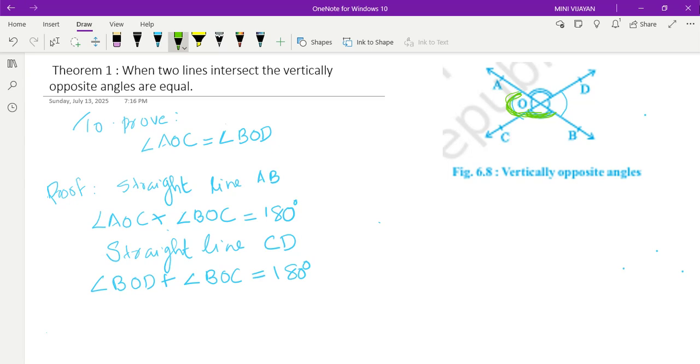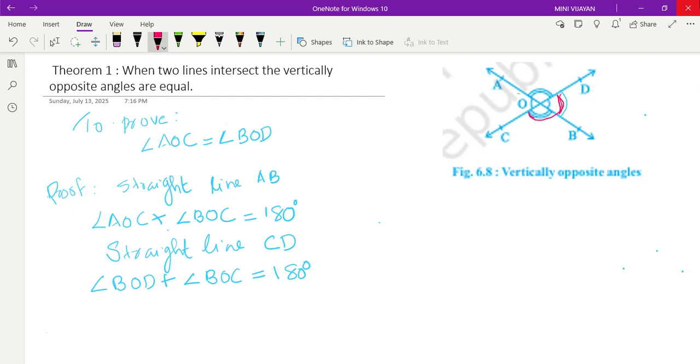And the same way when you add BOD and BOC. Okay, I'll just show you that one. When you add this, angle BOD is this angle.